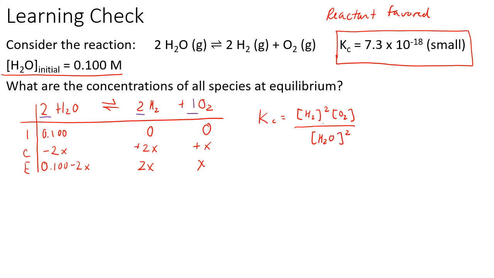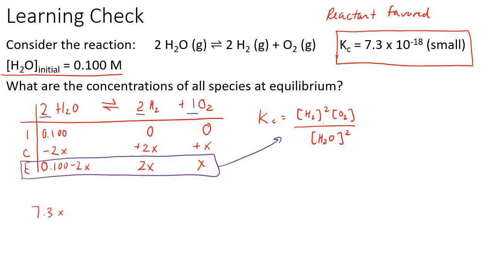So look what happens now when we take our equilibrium line and plug those concentrations into our expression. K sub C is 7.3 times 10 to the negative 18th, and that's equal to H2, which is 2x, and then we would square that term, times O2, which is x, all over 0.100 minus 2x, and that whole thing would be squared.